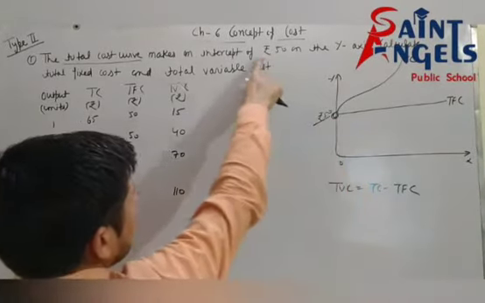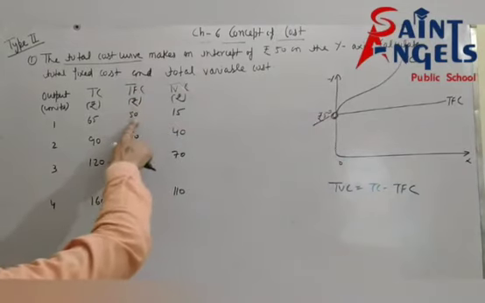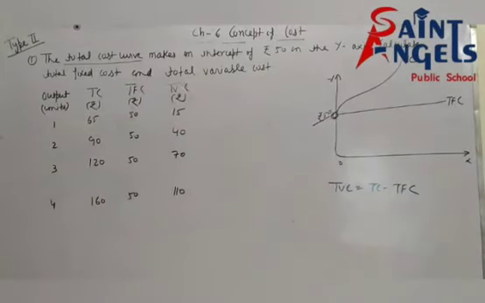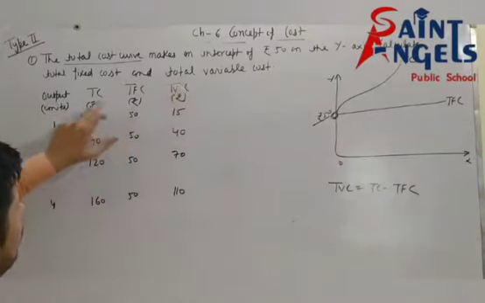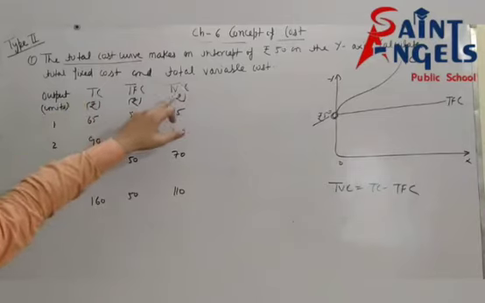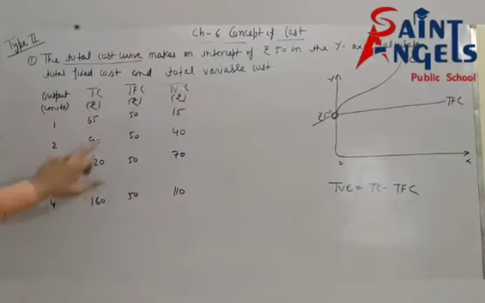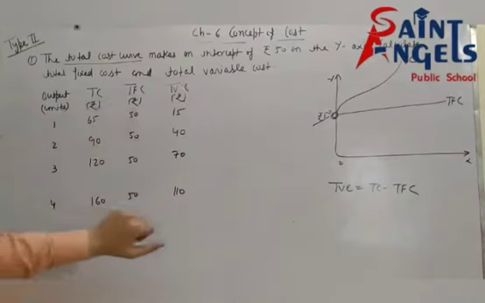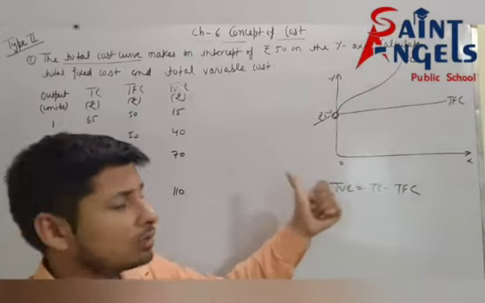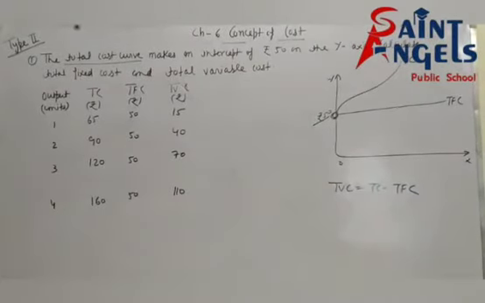So TFC will be equal to 50, and TFC remains constant at all levels of output. Then you will calculate TVC. TC is given here and TFC is here, so you will use this formula. Please pause the video and note this down.